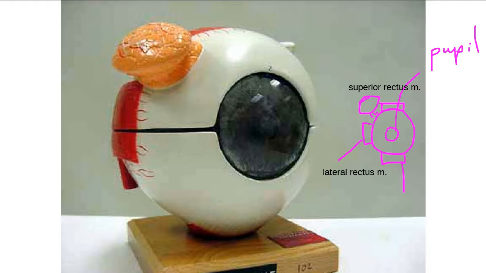This muscle down here is below, so we'll call this the inferior rectus muscle. And then there's another muscle over here that is the opposite side of the lacrimal gland. It's more in the middle. So we call that the medial rectus muscle.